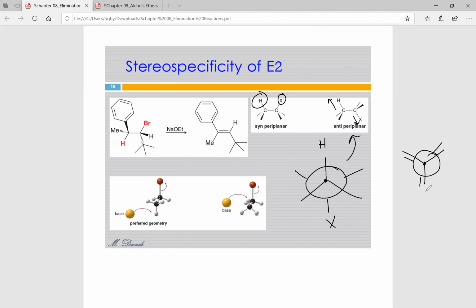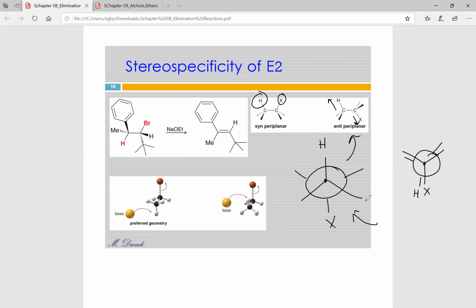So one, it's easier for the leaving group to leave and the hydrogen to be grabbed by the base. And two, overall, the anti-periplanar formation is more stable. So for an E2 reaction, the anti-periplanar reaction is preferred.